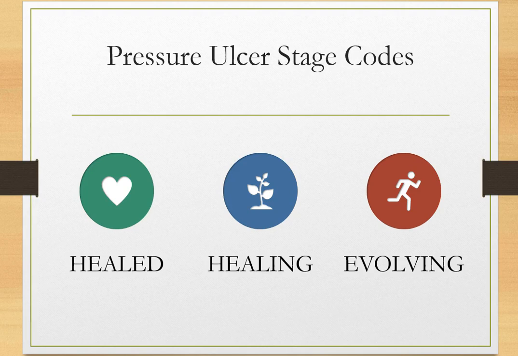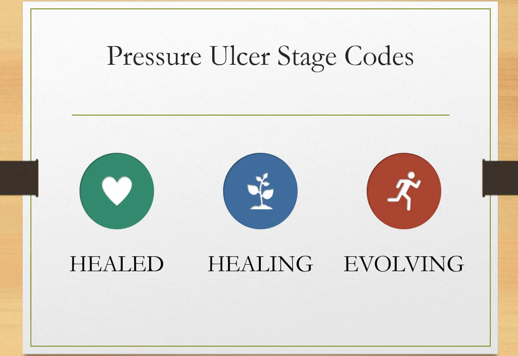If the documentation does not provide information about the stage of the healing pressure ulcer, assign the appropriate code for unstageable. Again, if the documentation is unclear as to whether or not the patient has a current pressure ulcer or is being treated for a healing pressure ulcer, query the provider.